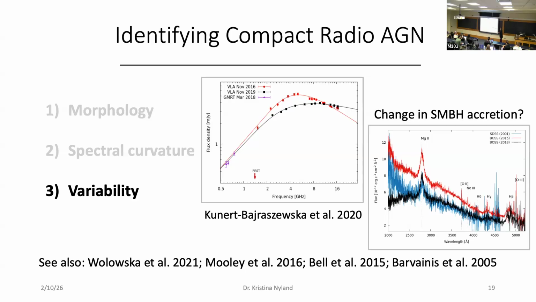In 2020, there was this very nice paper that identified a source that had some interesting spectral changes from 2016 to 2019 that were possibly related to a change in supermassive black hole accretion, so possibly a changing-state-like source. You can see the real thing that makes this different than a blazar or something that also might have spectral variability is that it was undetected in FIRST, and it's quite a significant discrepancy.